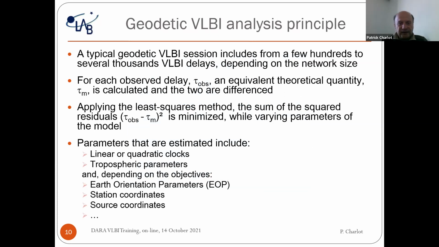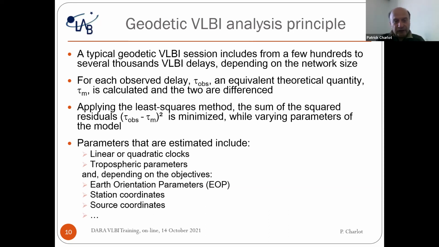So as I said, you observe 50 to 100 sources, and since you have 10 stations and many pointings, usually you get between a few hundreds to several thousands of VLBI measurements, VLBI delays. Of course, this depends on the network size. If you have more stations, you have more observations, of course.